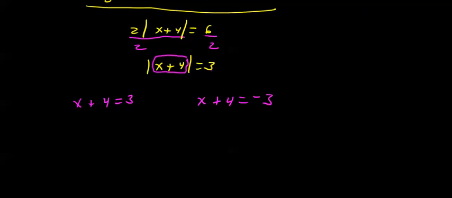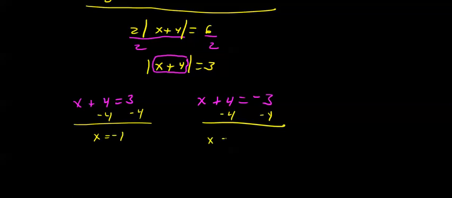We equal 3 or we equal negative 3. And then we solve. Minus 4, minus 4, x equals negative 1. Minus 4, minus 4, x equals negative 7.